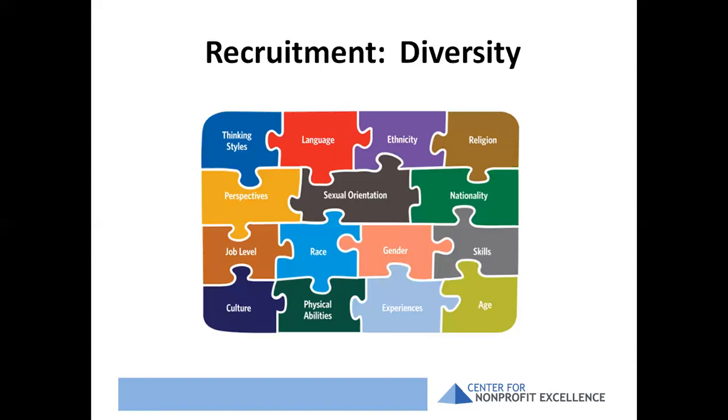So as you assemble your board, you should be looking for a variety of folks from different races, ethnicities, genders, ages, physical abilities, and the like. That diversity is as important as whatever skills and expertise or professional backgrounds that they bring.